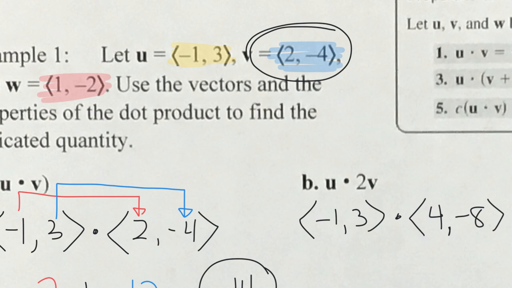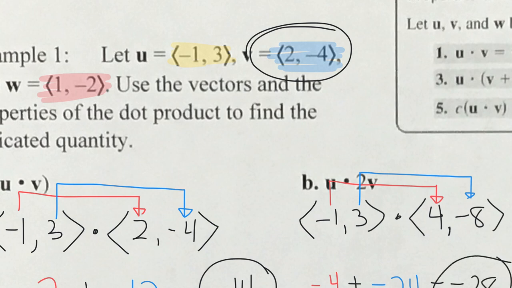And now we're going to perform the dot product. -1 times 4 is -4, plus 3 times -8 is -24. So then -4 plus -24 is -28. These are a dot product. The answer is a number.